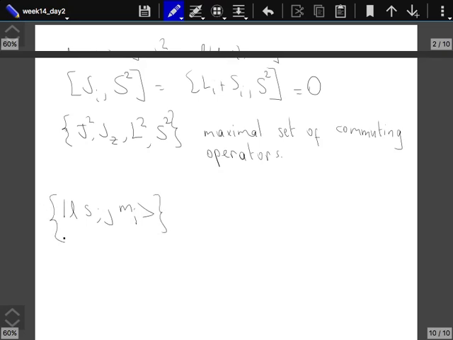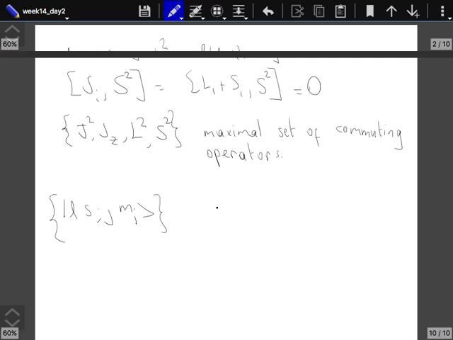I know what the eigenvalues of L are: h bar squared L times L plus 1. I know what the eigenvalues of S are: h bar squared S times S plus 1. And the eigenvalues of J squared and Jz are determined by that integer or half integer J and Mj. So this is a possible basis.